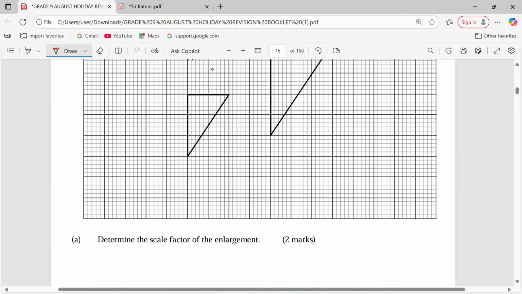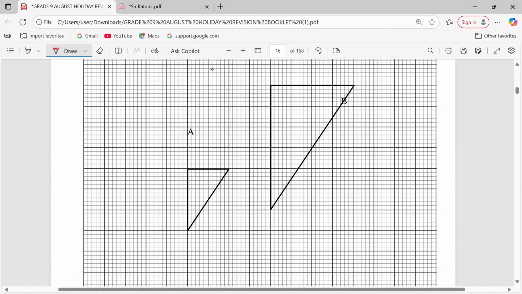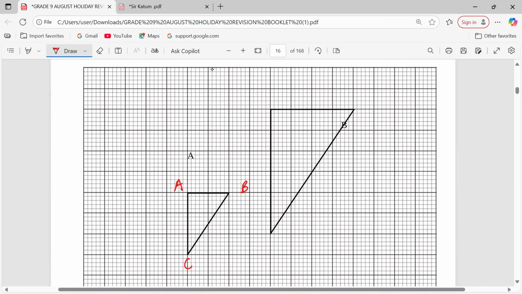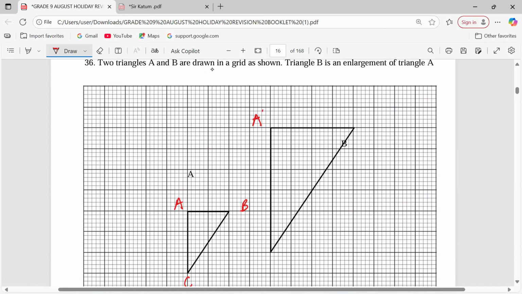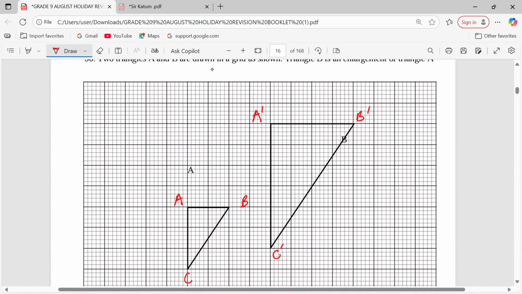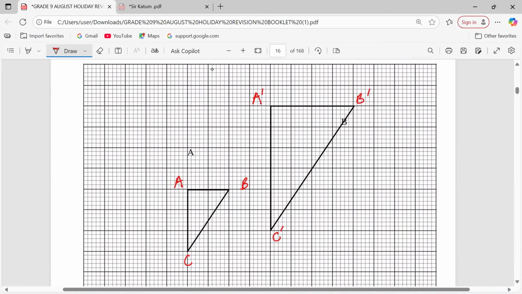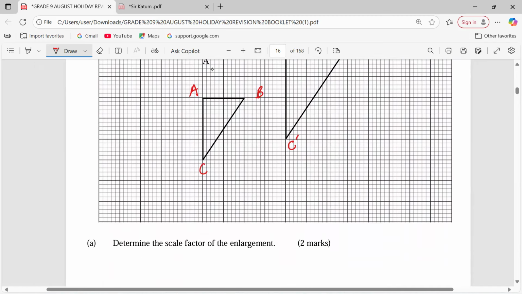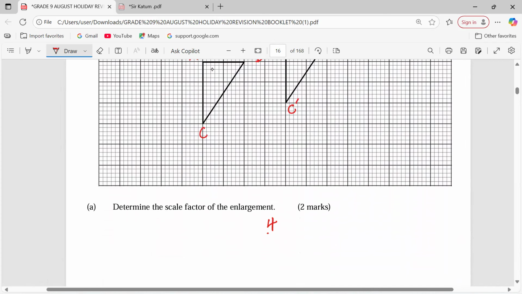We can check the number of units covered by corresponding lengths. If this is called A, B, C, then we can have this one being called A prime, B prime, and C prime. So check a length like AB and the image, which is A prime B prime. So these are 4 units on the image, but 2 on the original.